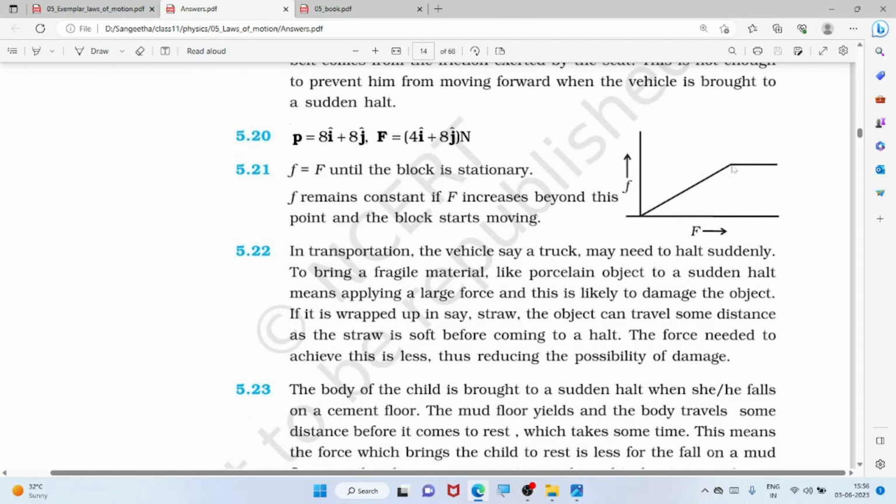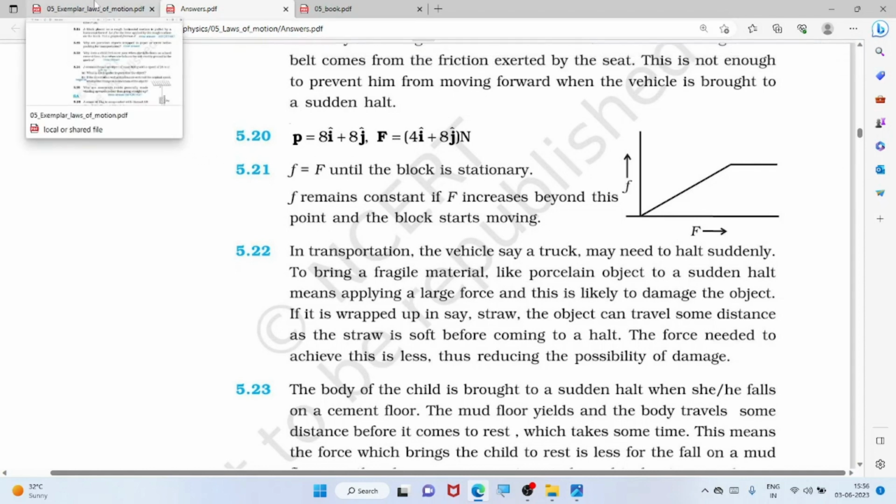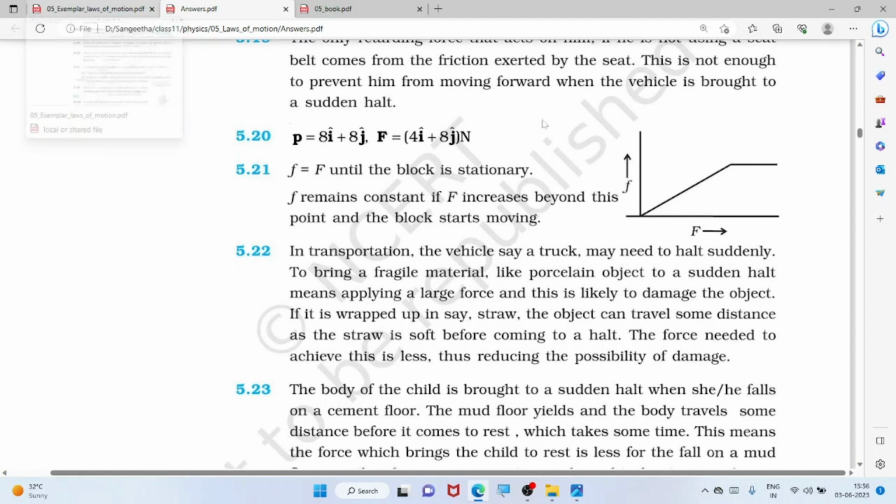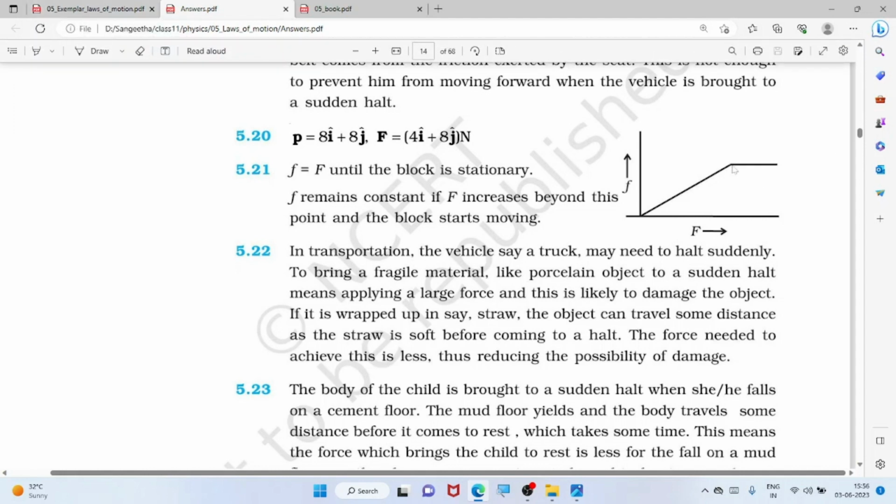After some time the block will start moving. Now there is a constant friction. F remains constant if the force increases beyond this point. This is the frictional constant mu.